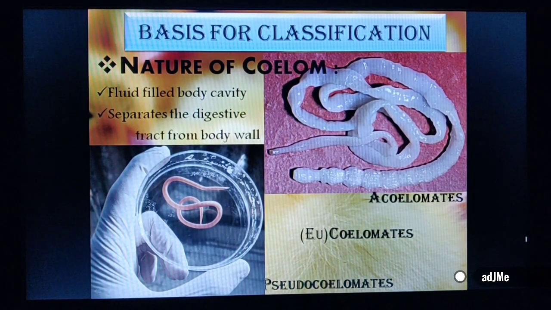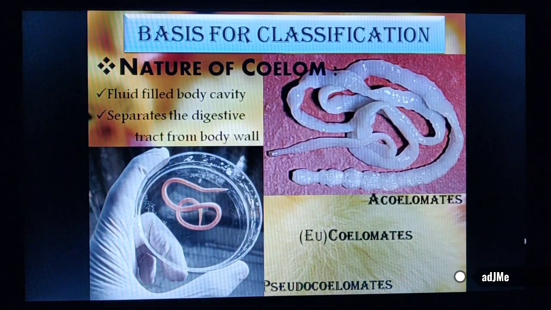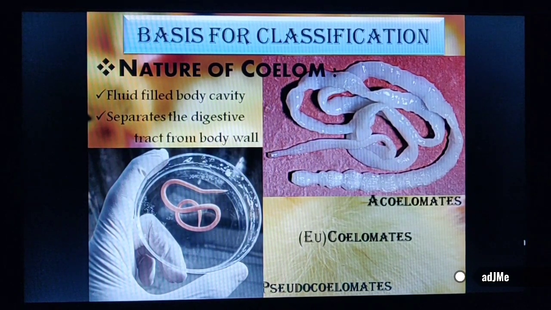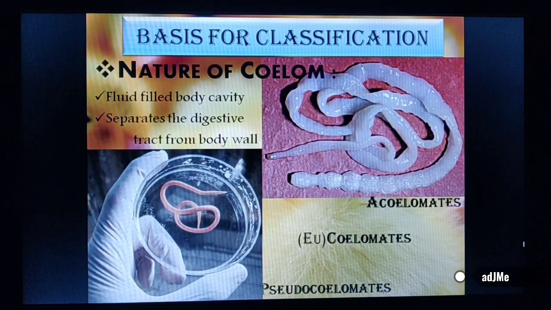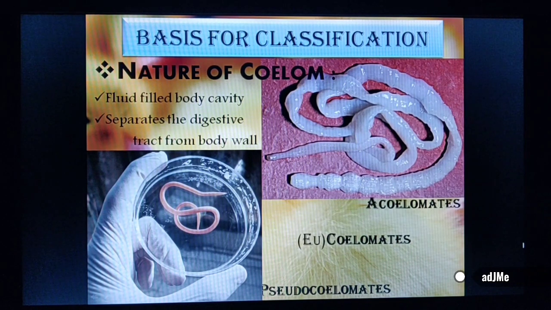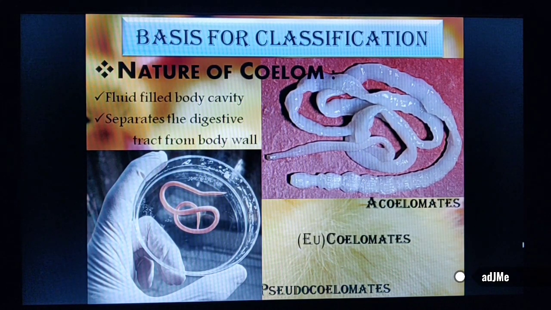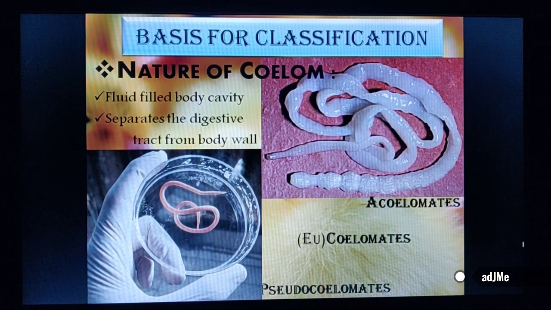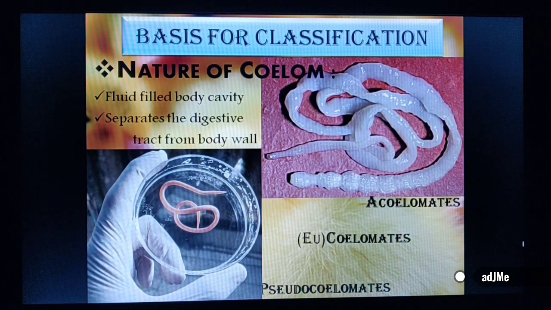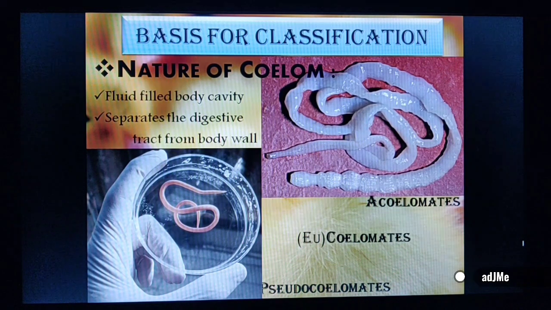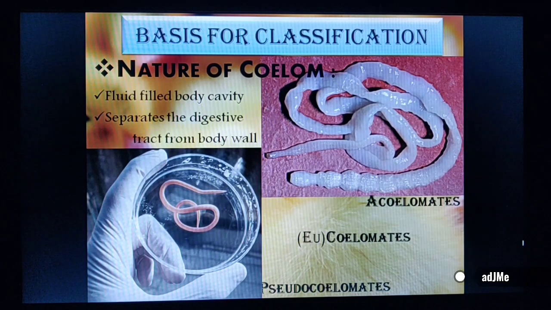Pseudo means false. So again I repeat, acoelomate, absence of the body cavity. Second, pseudocoelomates, where there is a false body cavity. It is like saying, it is there but it is not there. This is not a true cavity, it is false.